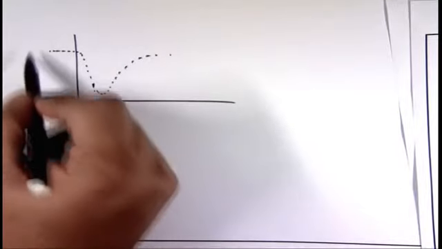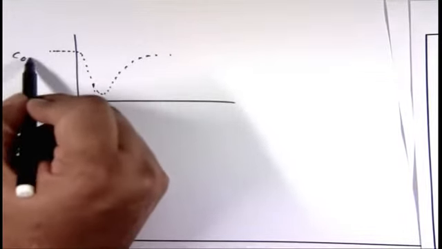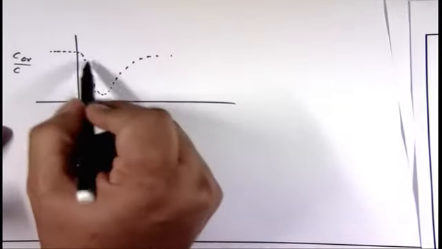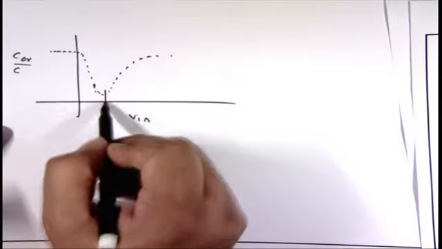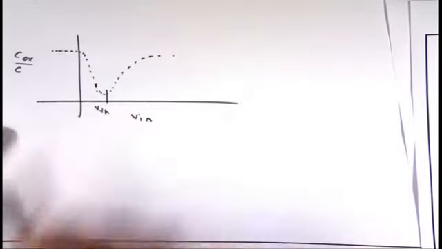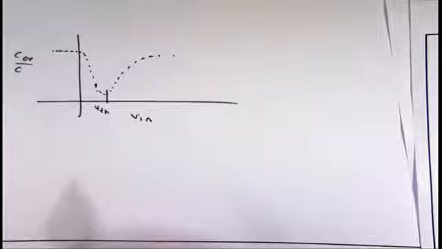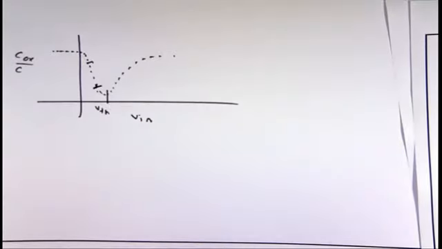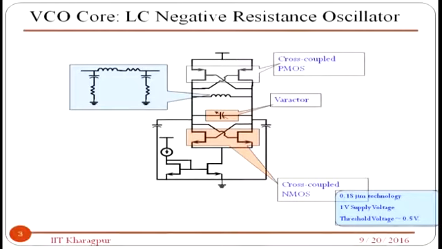So if you look at the capacitance, C by C_ox versus V_in, you know that your capacitance is decreasing up to V_TH, and then it is going up. So you can use this part as a variable capacitor. So I am talking about this one. This is the variable cap, or the varactor. Now this variable cap will be assisted by a bunch of fixed capacitors. I will come to that later on.